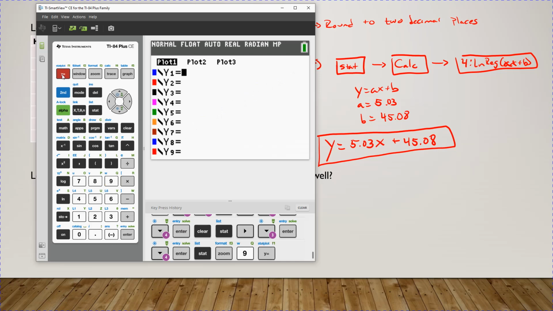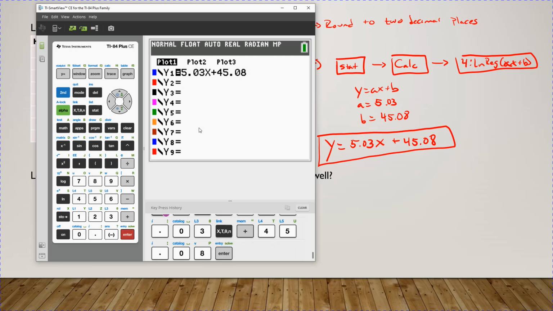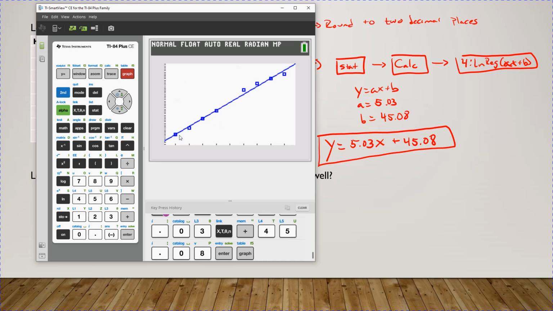So you're going to hit y equals, you're going to go 5.03 times the x variable, which is this button right here, plus 45.08. Now when you have this plugged in here, when you hit the y equals, you're going to hit the graph button. And now watch, look what happens.